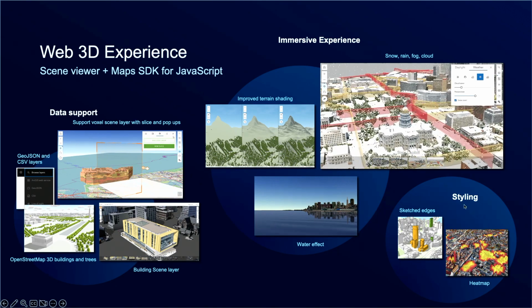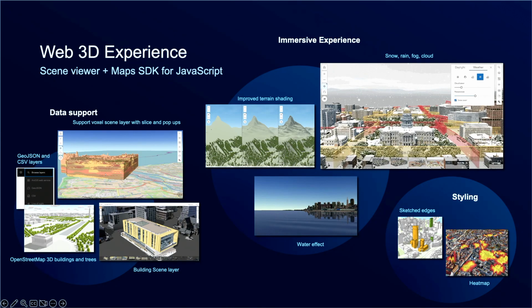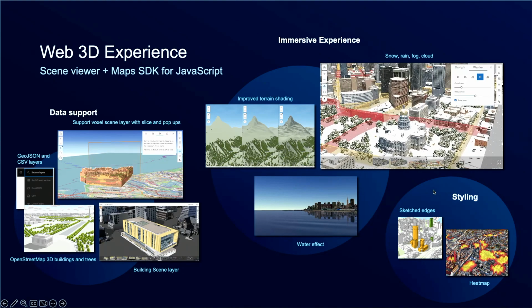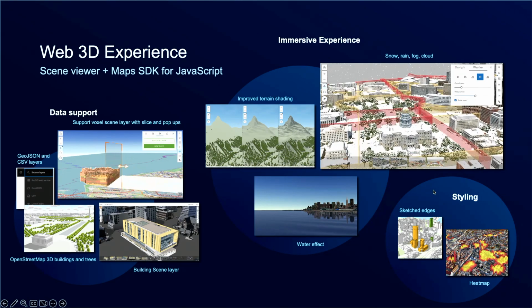And then on the styling side, sketched edges and all this stuff, this is similar to the terrain shading effects, which makes a simple geometry look more plastic on screen.